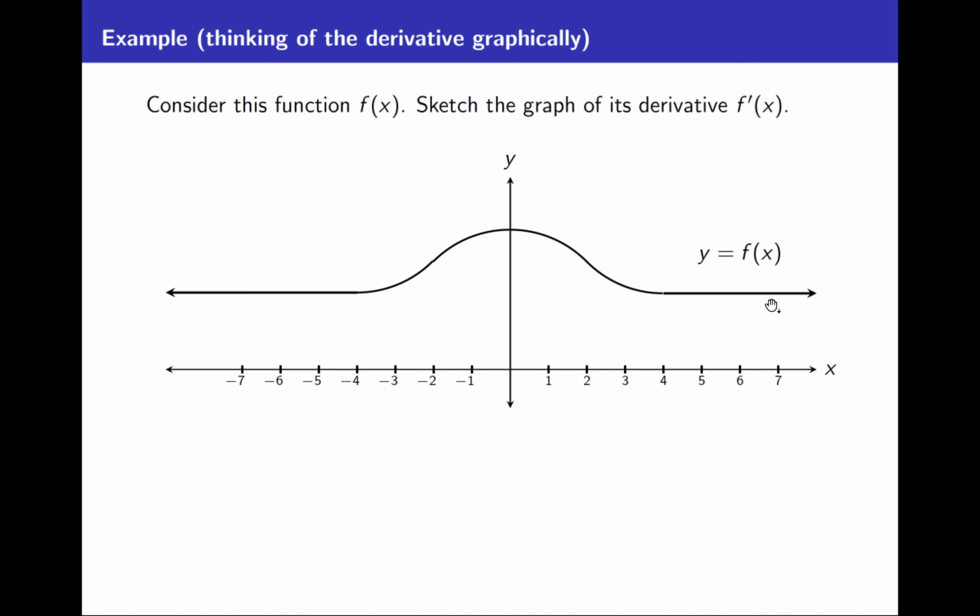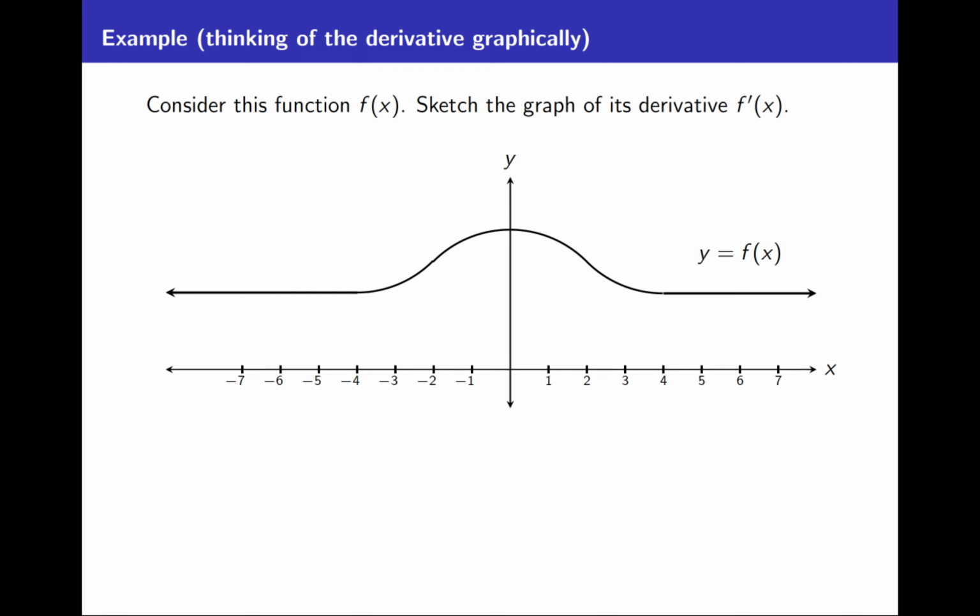So there are no rules that we can apply. We don't even have an algebraic expression for f, so we can't evaluate a limit to find the derivative. We're going to do this the only way we can, by looking at the graph geometrically.